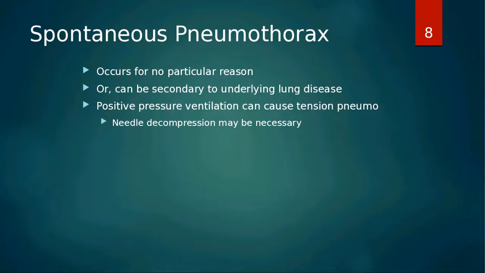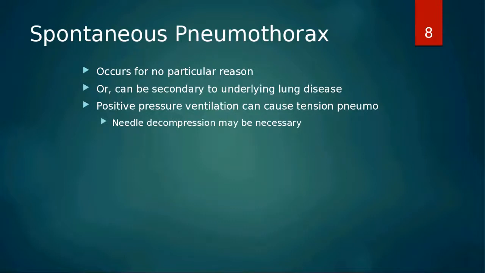Patients with a spontaneous pneumo are going to experience typically a sudden onset of one-sided chest pain. It's going to be a sharp pain. It's going to hurt worse when they take an inhale, so we call it pleuritic pain. It hurts worse with deep breathing and coughing. So following that initial onset, there's probably going to be a persistent, deep, aching pain.